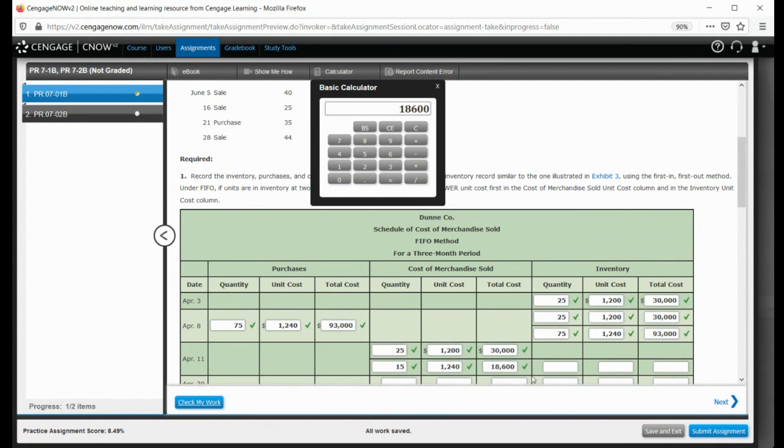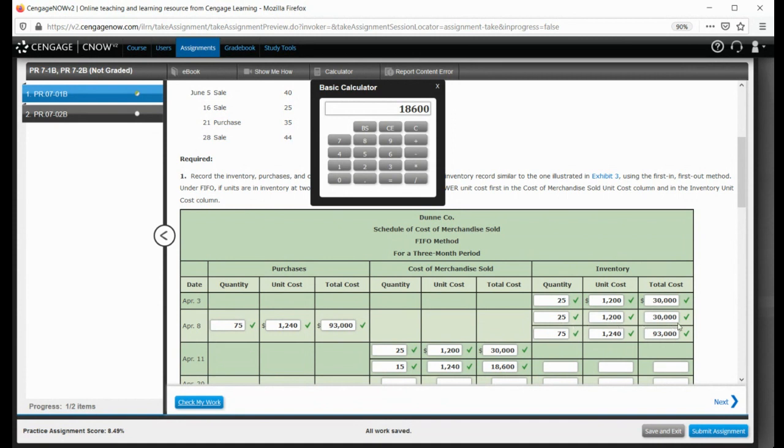So what has happened here is we've sold 40 units all total. 25 of the units had to come from the first units that we purchased because the method that we are using is first in, first out. First units in are going to be the first ones that we sold.